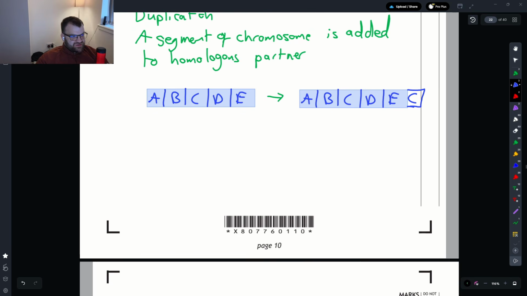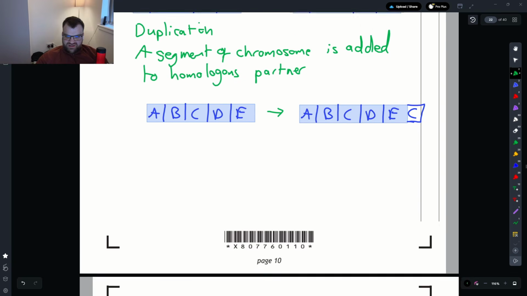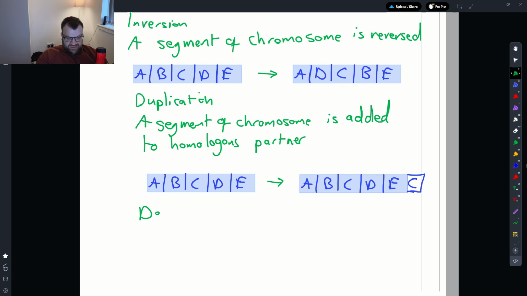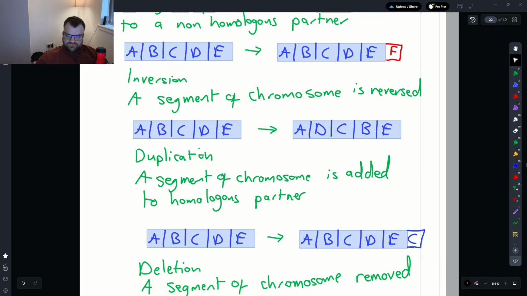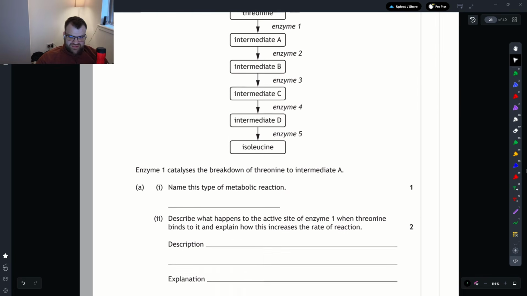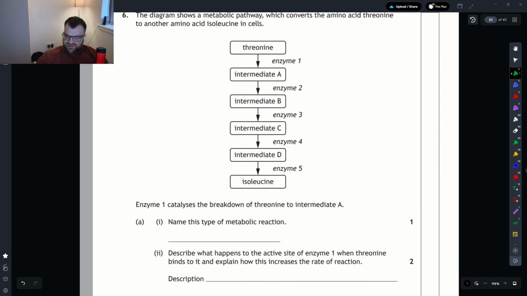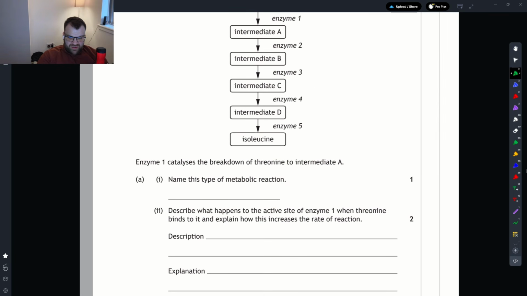And then last up, we've got deletion. I'm going to say this most simplistic one, we're removing a gene from a chromosome for that. And then here you're going to end up with a smaller than the original piece of it. And that should pick up the 4 marks there. Moving on, we're now into metabolic reactions.